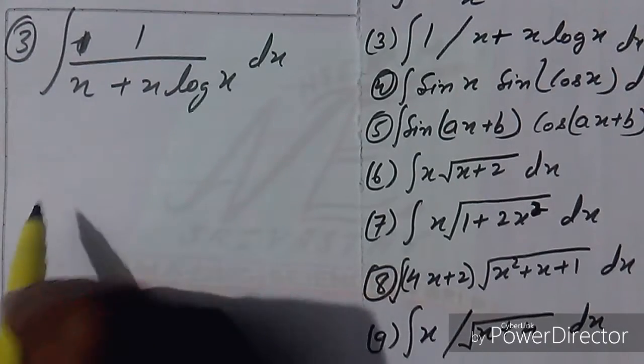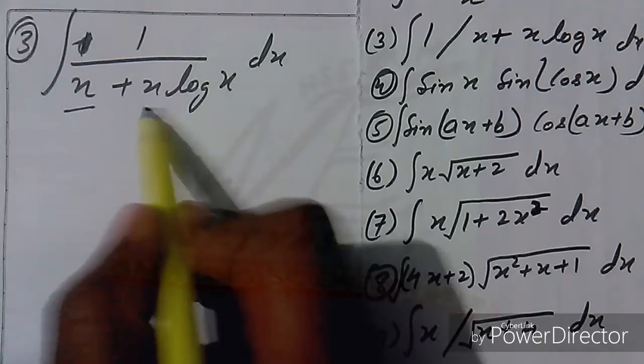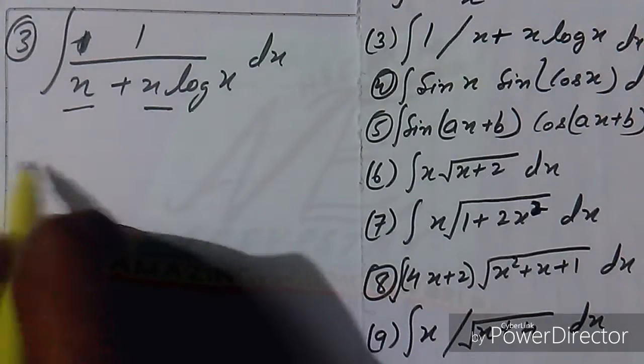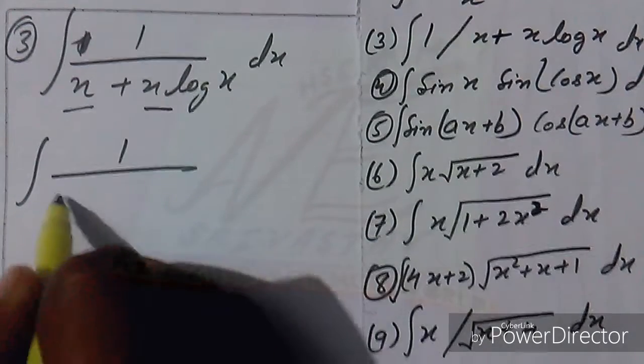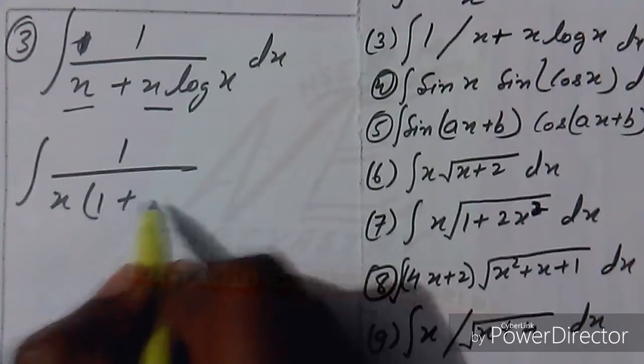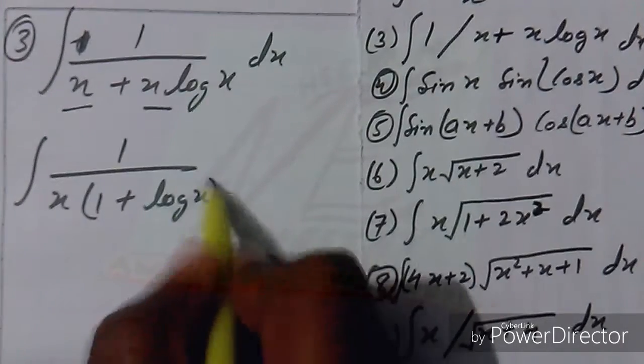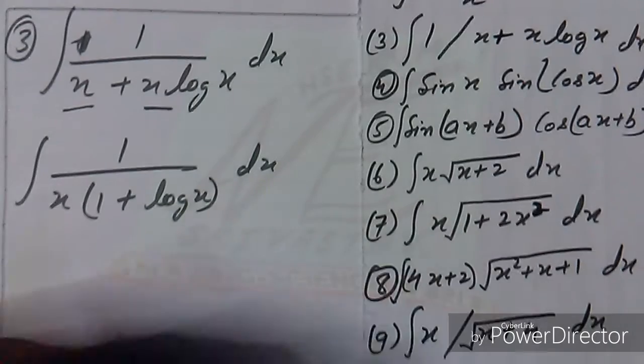First of all we take common. You see x comes in both the terms, then 1 by x into 1 plus log x, friends, dx.